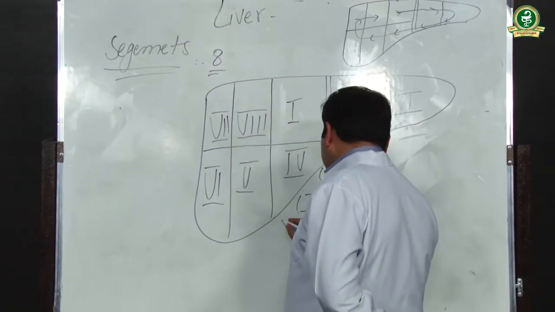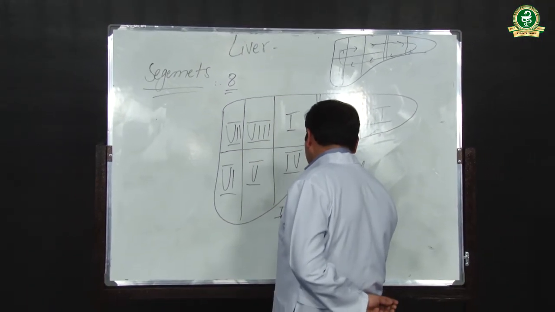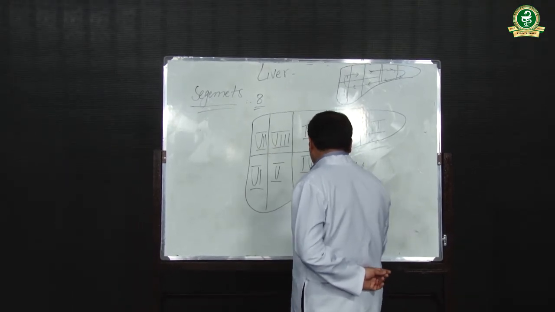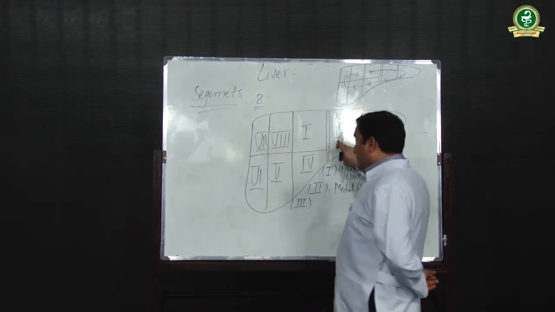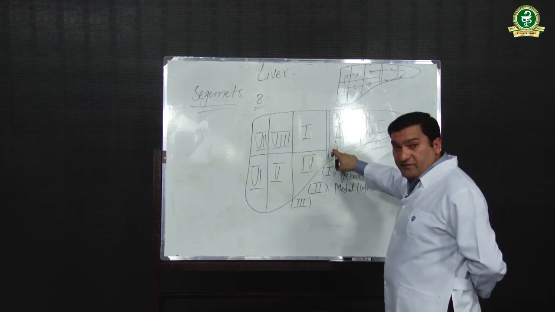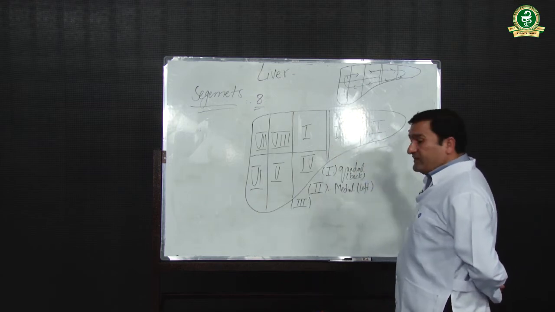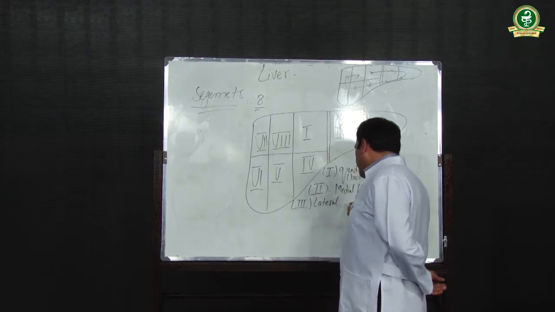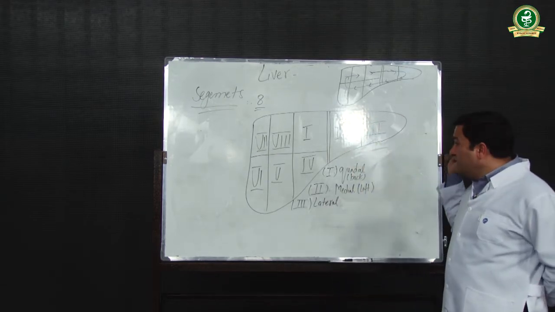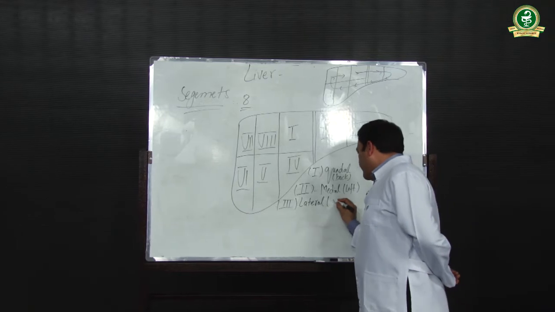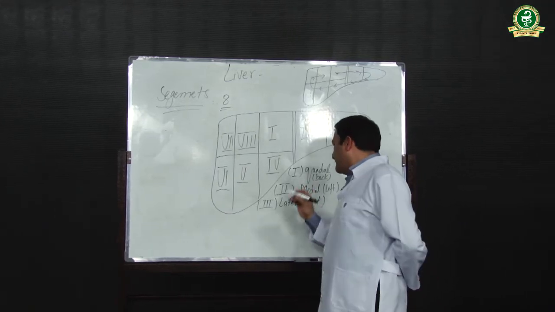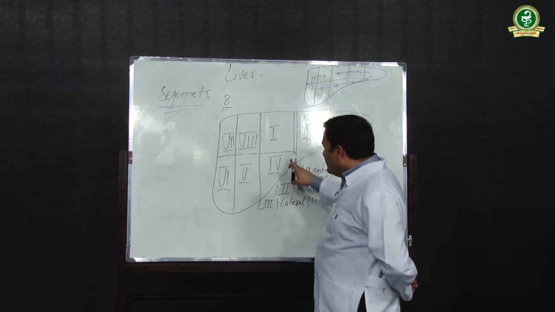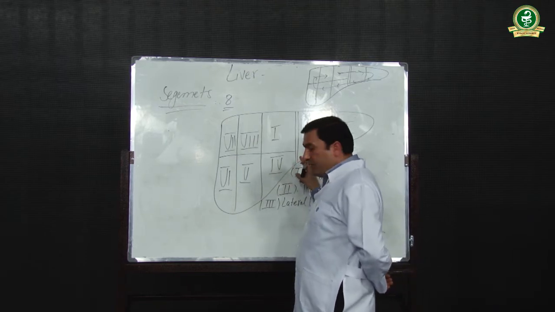Third is shown on the lateral side, because near the center line it means medial, and away from the center line it means lateral. It is the left lobe, and the fourth lobe is near the central line, which is the falciform ligament.